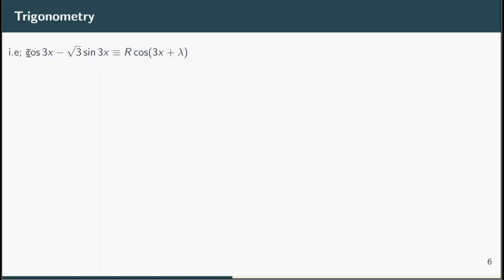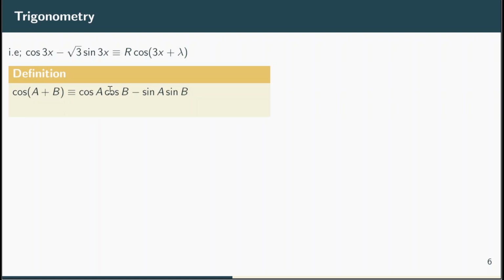Now if we are writing this left hand side as a right hand side, there are two unknowns that I have to look for. I need to find the value of r, that positive constant, and I need to find the value of lambda, that angle. But to do this, I need to recall the compound angle identity.